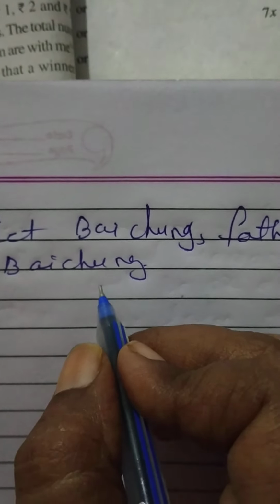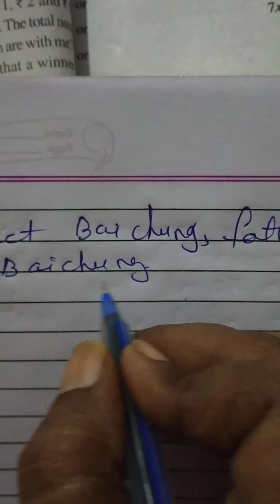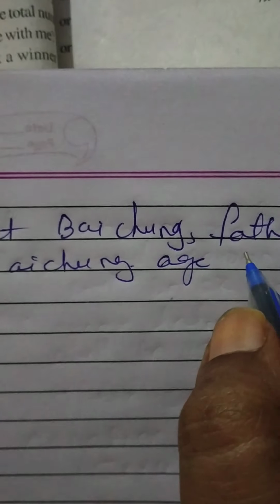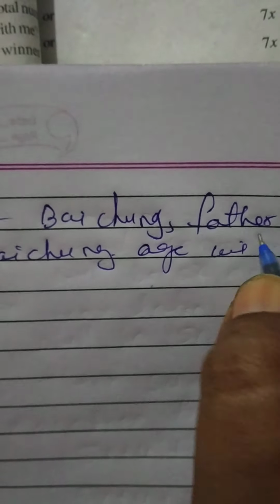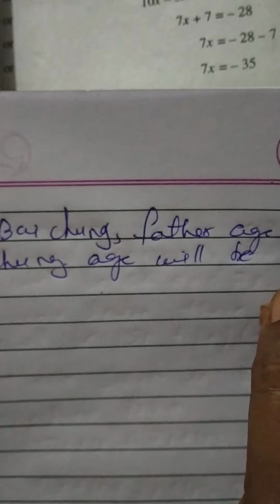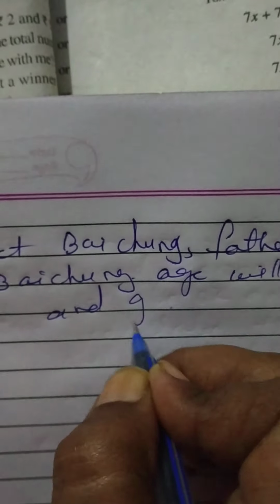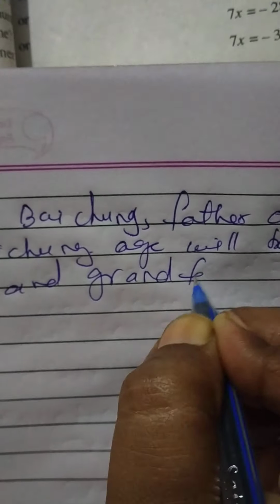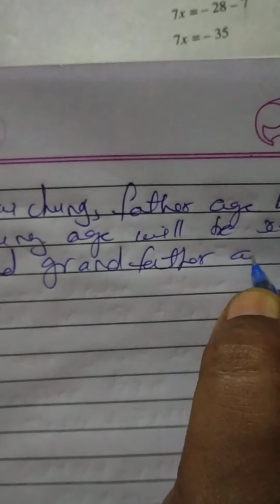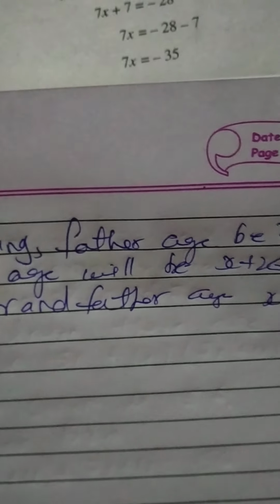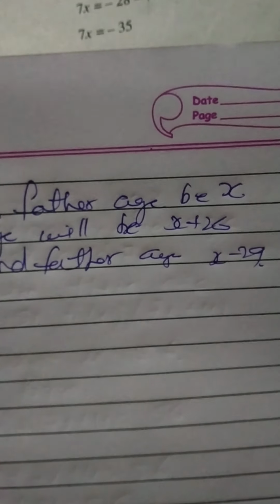The equation will be: grandfather's age will be x plus 26, and Bangchung's age will be x minus 29.